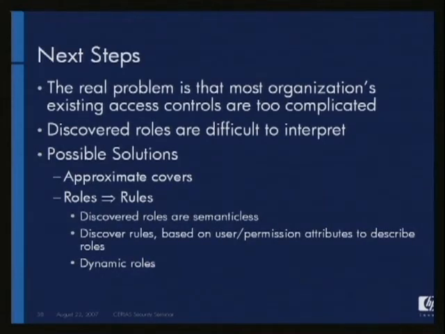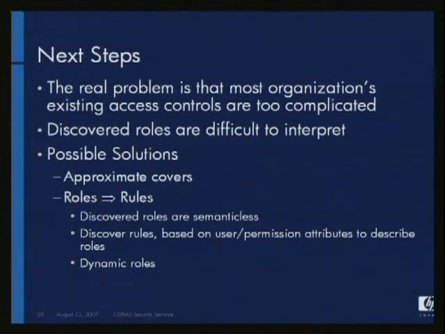There's things like clustering you can do, and there's some other techniques that are useful here as well. Leads more to putting some semantics around the roles is this idea of going from roles to what are commonly called rules in the literature. So a rule, basically the idea here, and this is a little bit different from what a lot of people talk about with rules, but the idea is that for each user and each permission, there's a set of attributes associated with that user or permission.